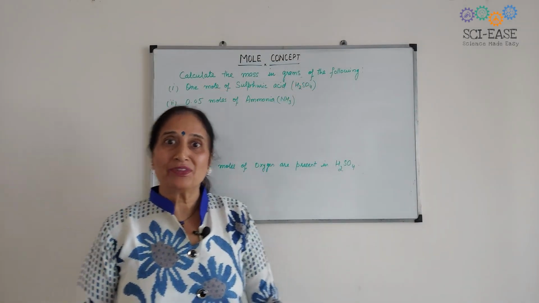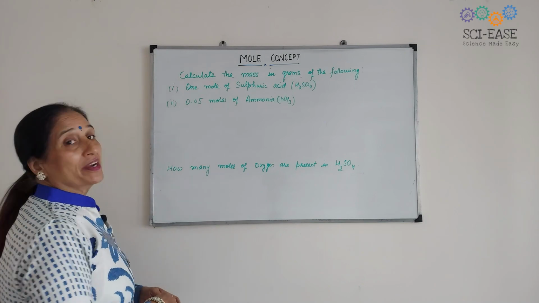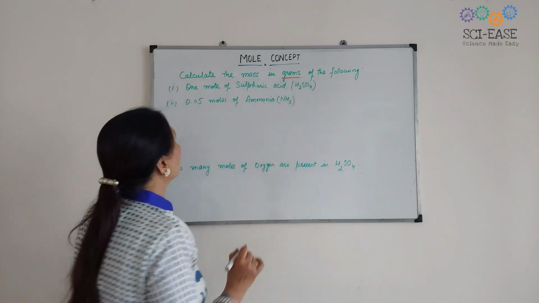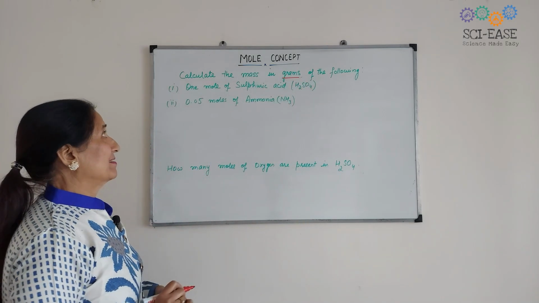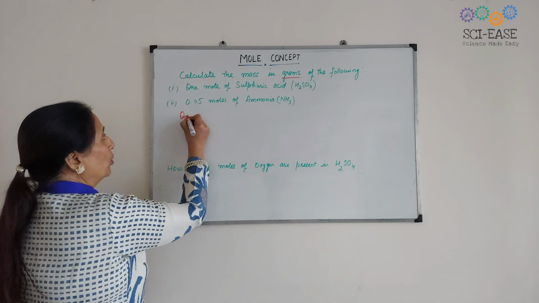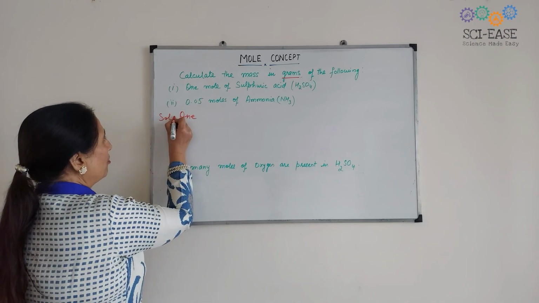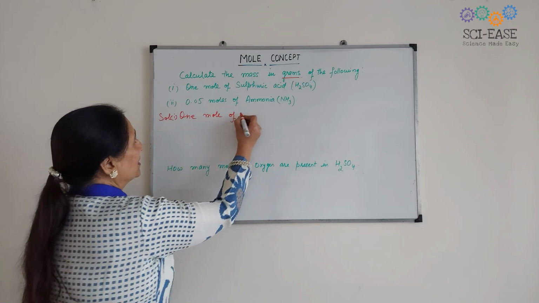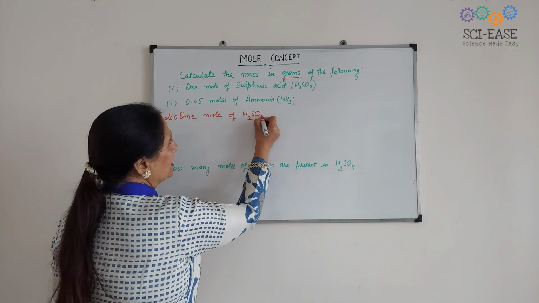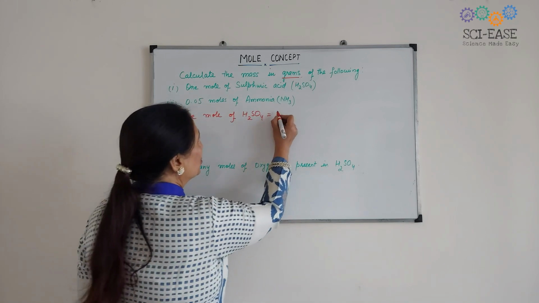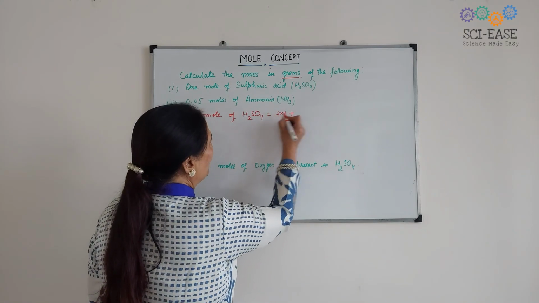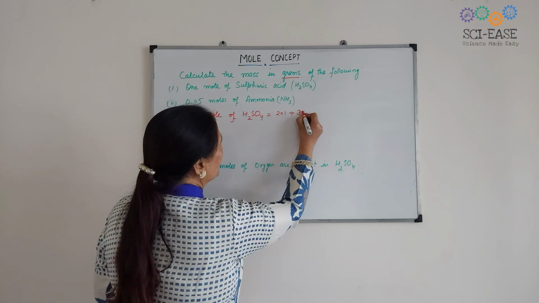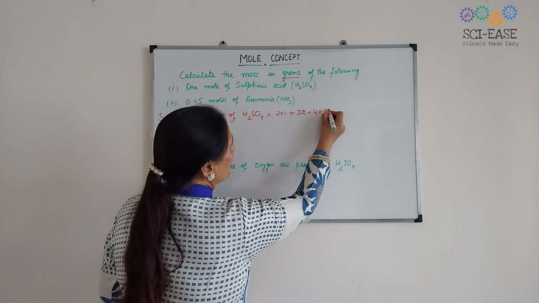Now we will solve some of the numericals. The first numerical is: calculate the mass in grams of the following. 1 mole of sulfuric acid. So 1 mole of sulfuric acid is equal to 2 into 1 plus atomic mass of sulfur, which is 32, plus 4 into 16.